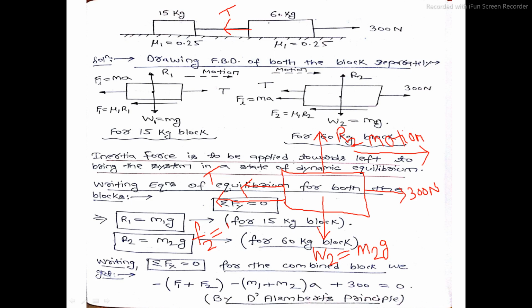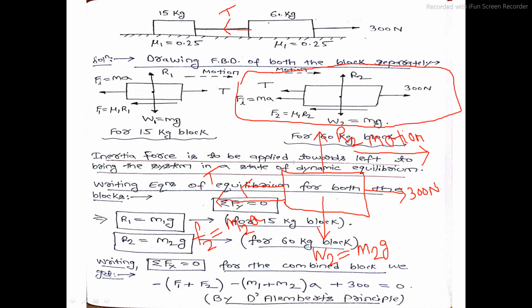Mass is m2, that is 60 kg for the second block, into acceleration A. Here the acceleration of both blocks is the same, because both blocks are connected by a common string. So there will be a common acceleration for both blocks. Now is the FBD of my 60 kg block complete? Yes, now it is complete. This is the FBD of the 60 kg block.